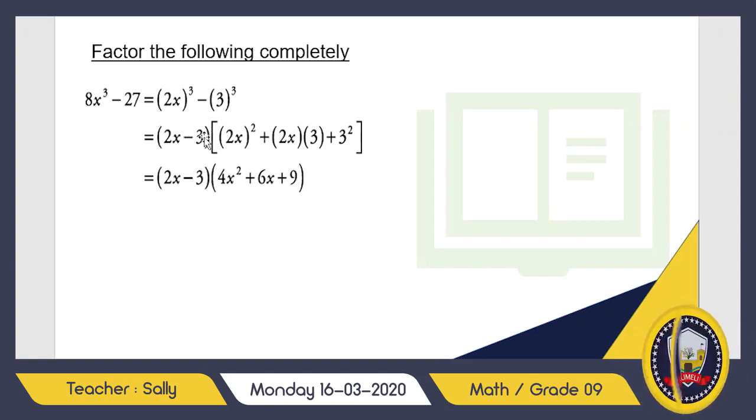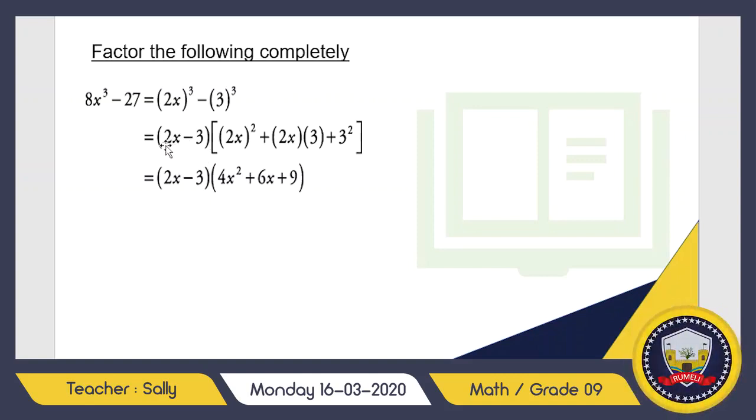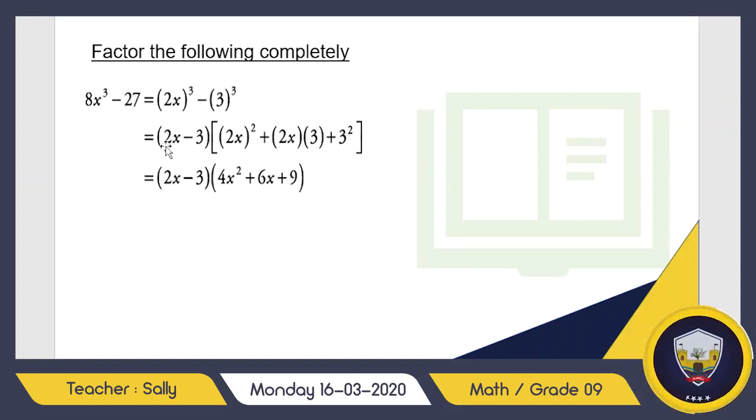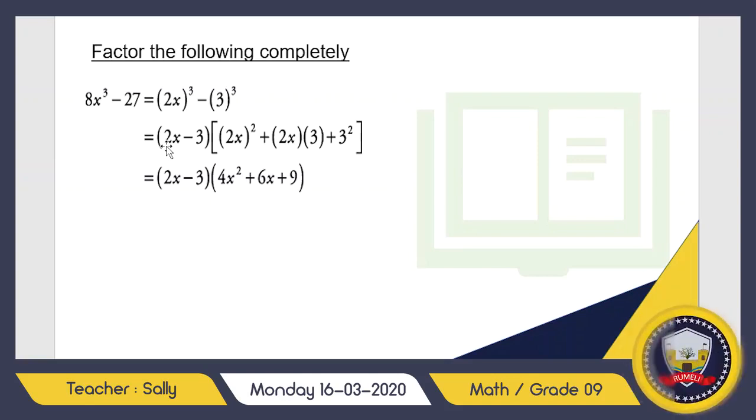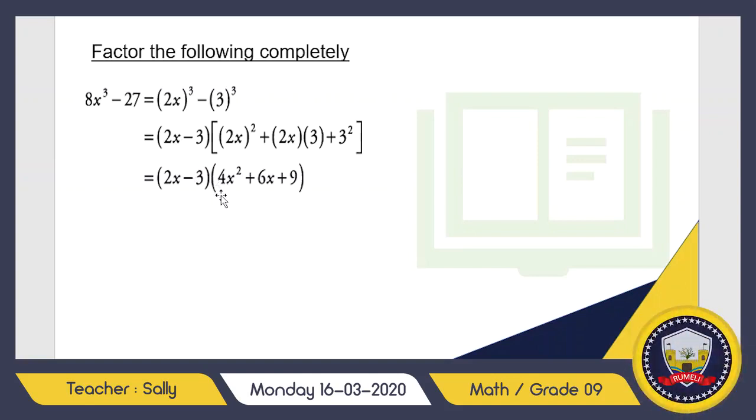The first term is going to be the square of the first term in the first bracket. What is the square of 2? It means 2 to the power of 2, which is 4. x to the power of 2 is x to the power of 2. So the first term in the second bracket is done.